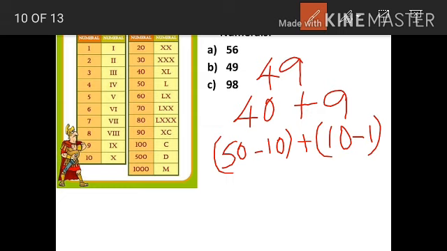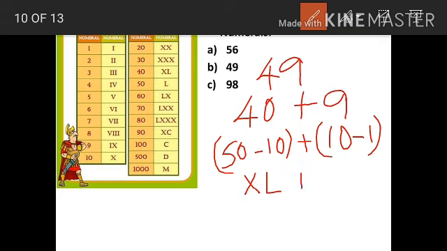So 50 minus 10. How would we write this? 50 is represented using L, and 10 is represented by X. We know that the value which we have to subtract should be written at the left side. So X will be written at the left side. So XL means 50 minus 10, that is 40.